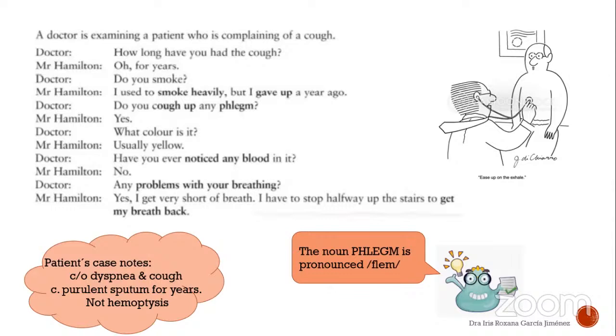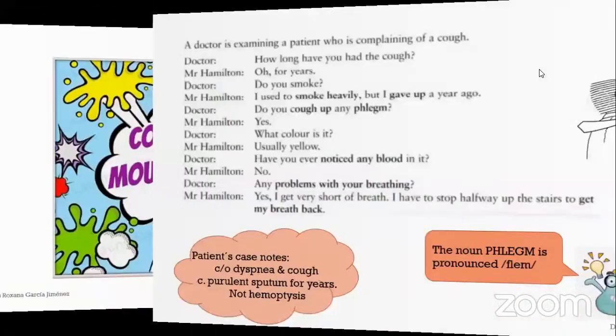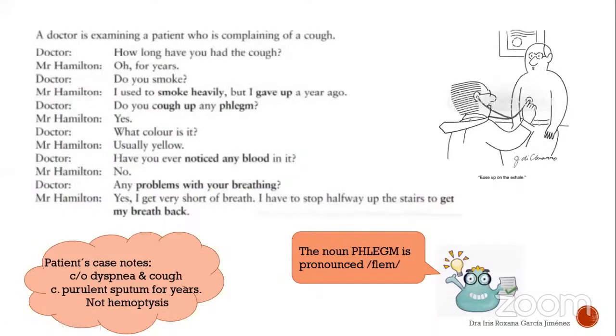How long have you had the cough? Oh, 4 years. Do you smoke? I used to smoke. Yes, I used to smoke heavily, but I gave up years ago. Do you cough up any phlegm?